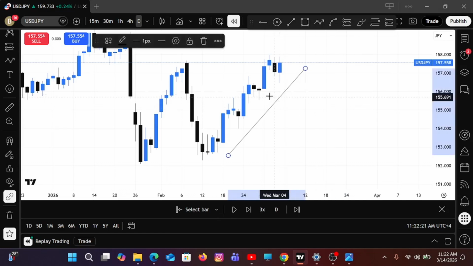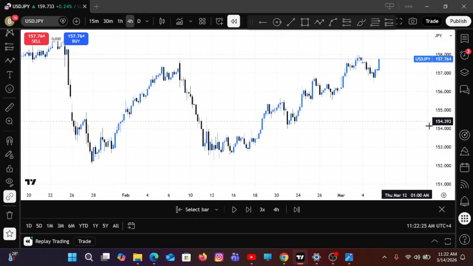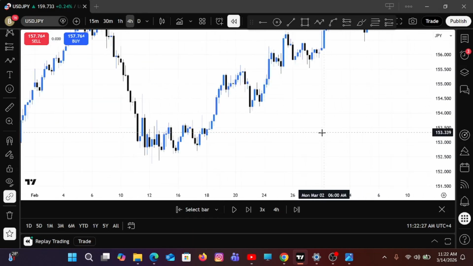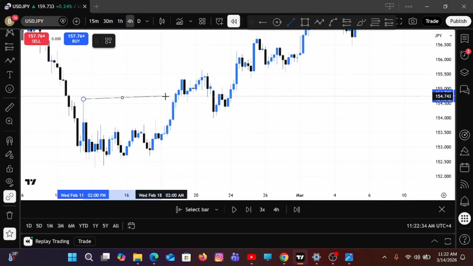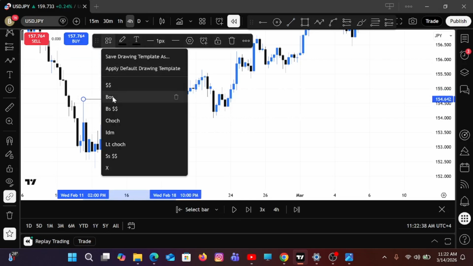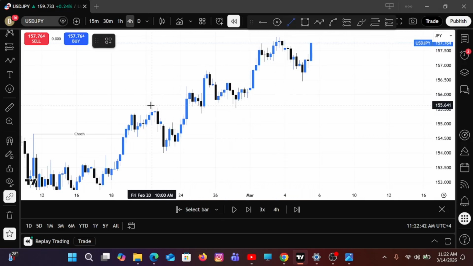Then I'll move down to the 4 hour time frame. On the 4 hour time frame, this is where I will be marking the structure of the market. From here we had a change of character. Then we started having breaks of structure to the upside.